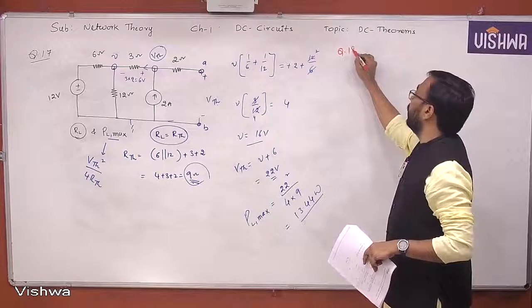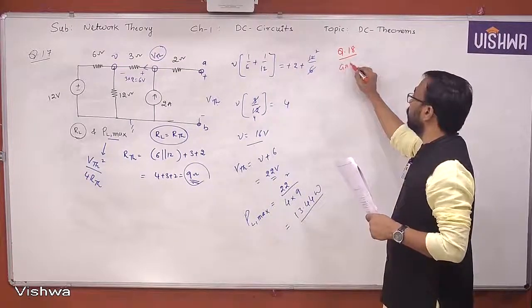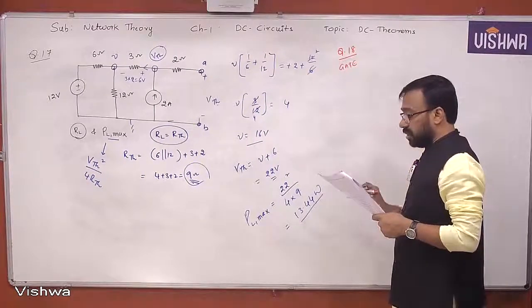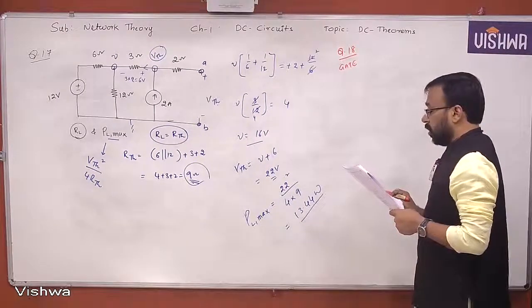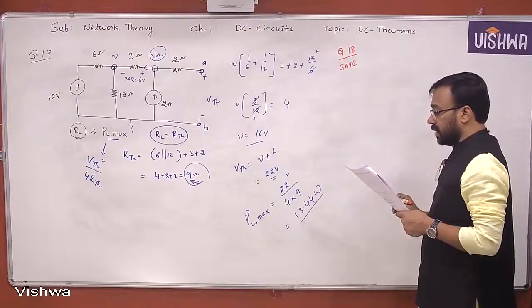Question number 18. Asked in GATE. I read the question. In the circuit shown below, what value of RL maximizes the power delivered to RL?